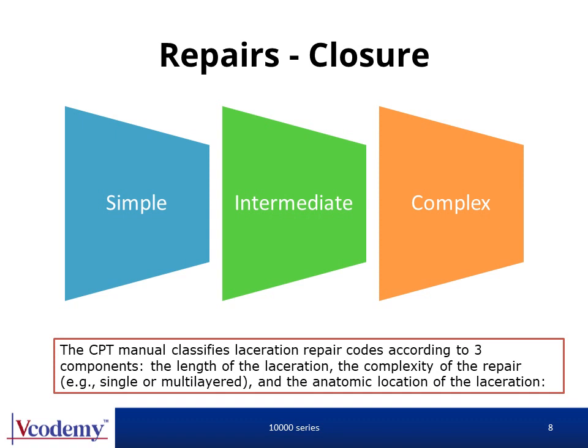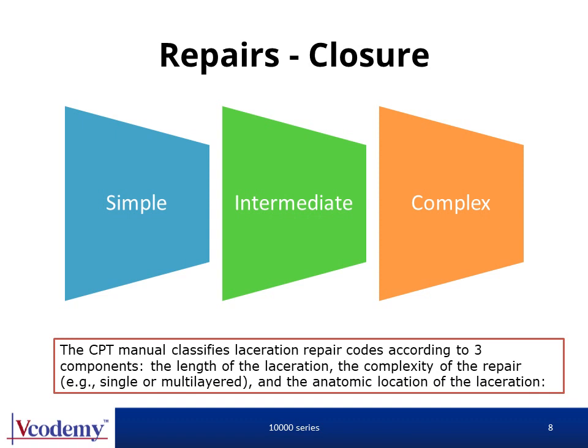And complex repair includes the repair of wounds requiring more than layered closure that, in addition to the requirements for intermediate repair, require at least one of the following: exposure of bone, scar revision, cartilage, tendon, or named neurovascular structure. Debridement of wound edges, example, traumatic lacerations or avulsions.